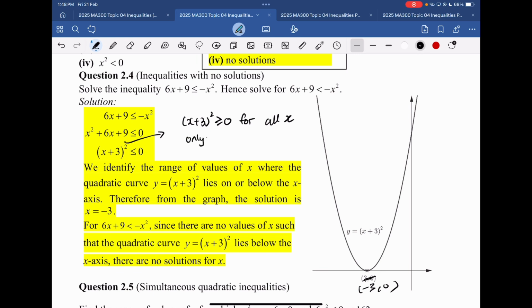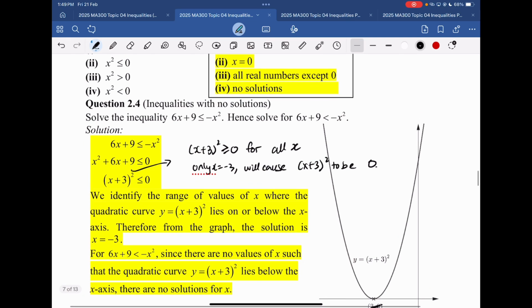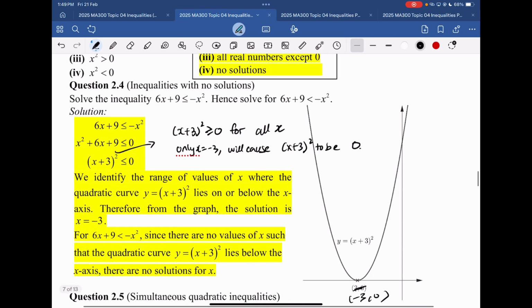Only x equals negative 3 will cause x plus 3 squared to be 0. Do you agree? That's why only negative 3 over here will fulfill this solution. Okay?